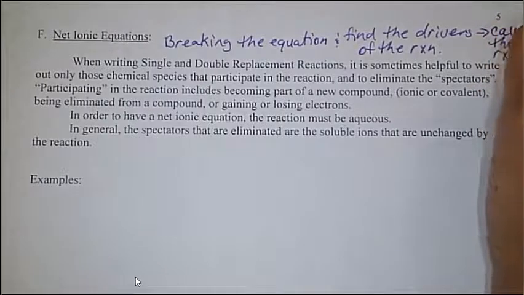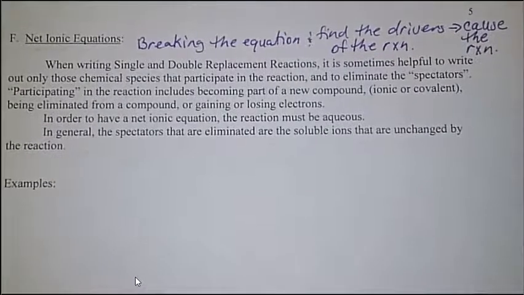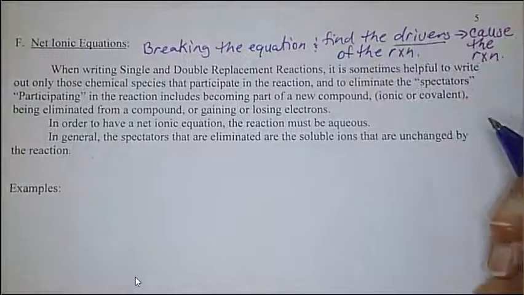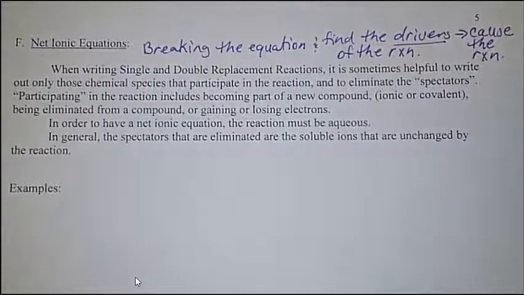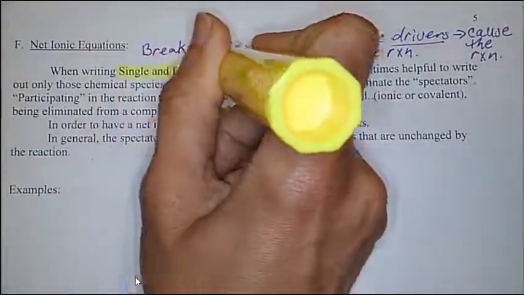They are the cause of it. Okay? Hopefully you can see that. So you're looking at which compounds and which elements are actually causing the reaction. Most of your net ionic equations will be single and double displacement reactions. Okay?